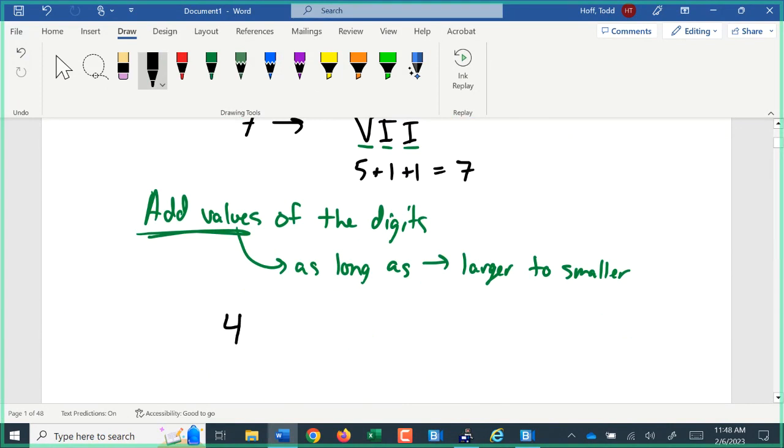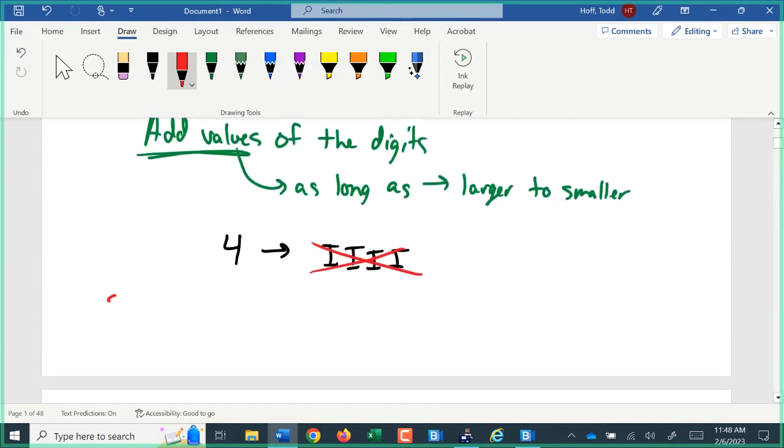But to express something like a 4, the Romans decided that having I was too clumsy. Having 4 I's in a row just didn't work. So rather than doing that, they introduced a subtractive property. And the subtractive property was when a smaller digit appears in front of a larger digit.